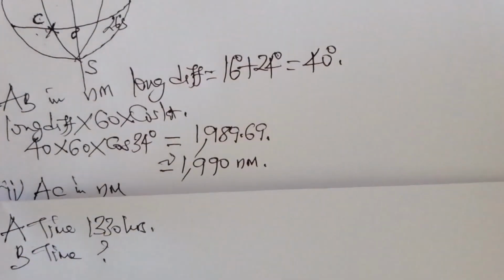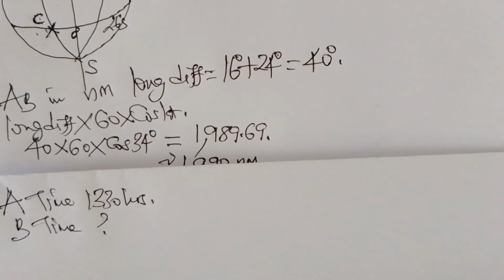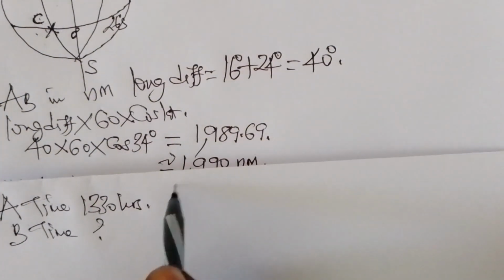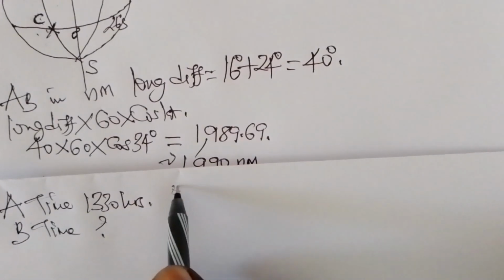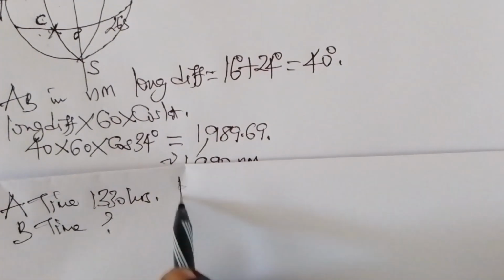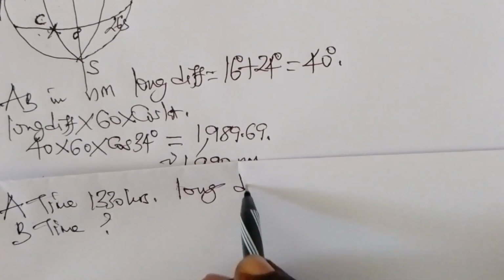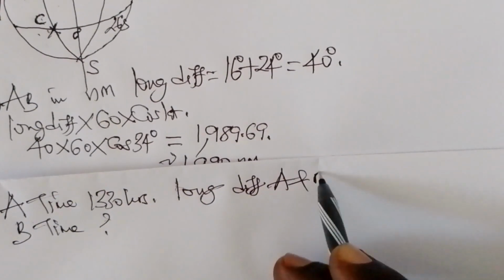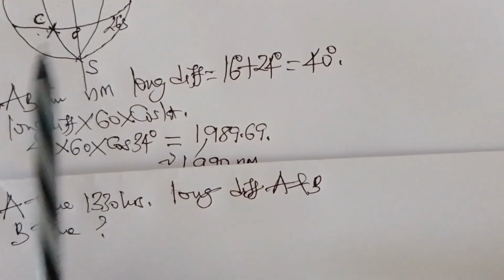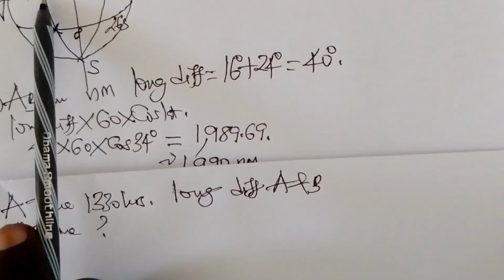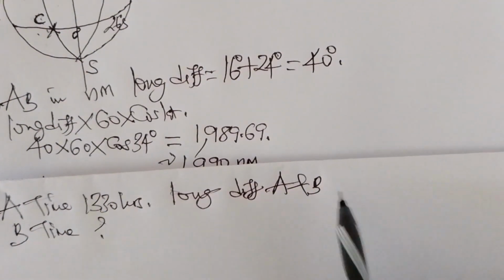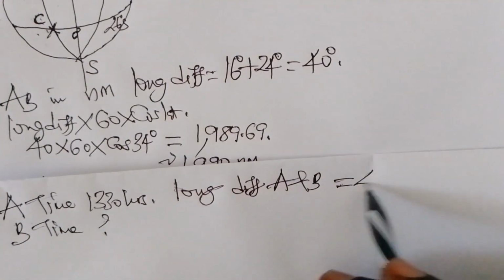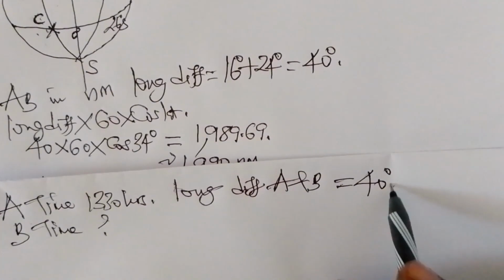Now we know the longitude difference between A and B, we've already calculated this. It is given by 16 plus 24, which is equivalent to 40 degrees.